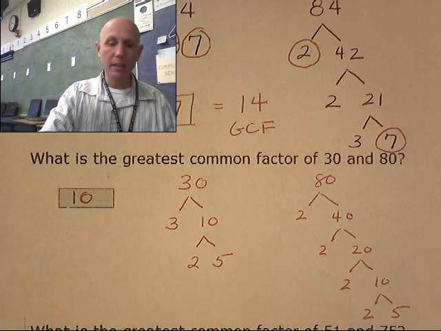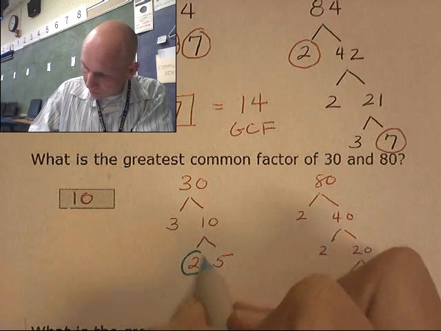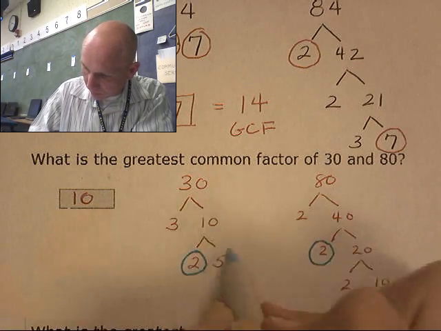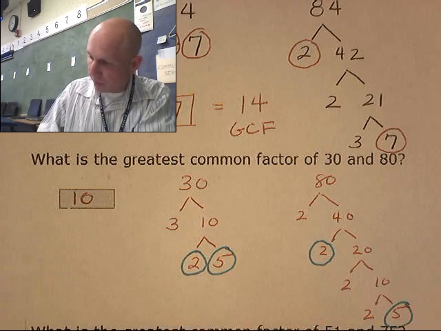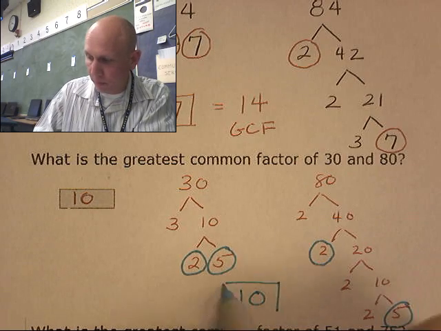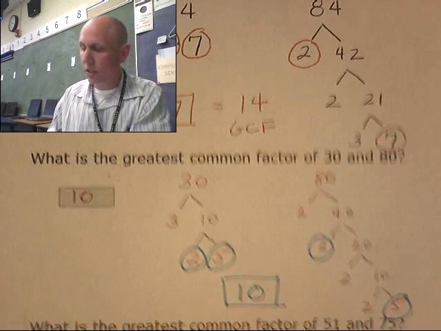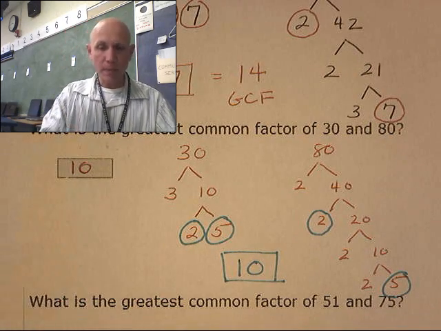All right, let's look for some pairs. Any other pairs? Nope. 2 times 5. 10 is the GCF.